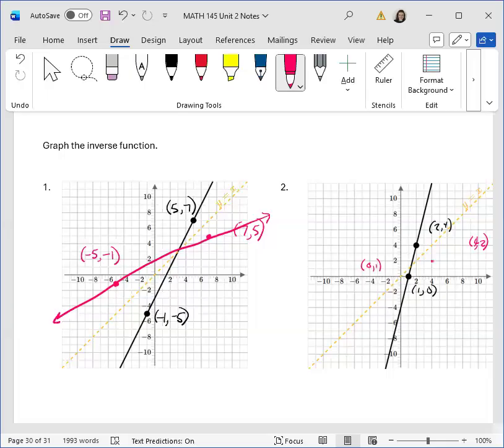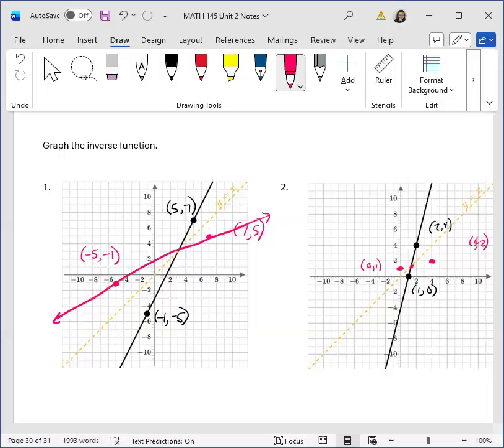So 4, 2 is here. That's a reflection over that y equals x line of the first coordinate. And the reflection of this coordinate would be at 0, 1. And this coordinate that is on the reflection line would stay.